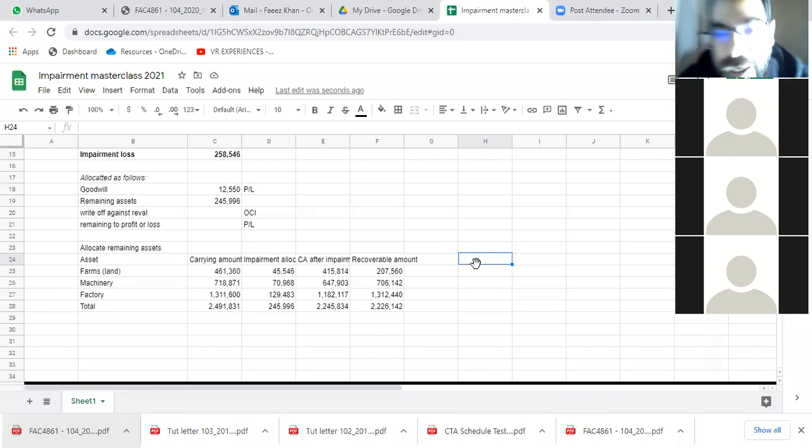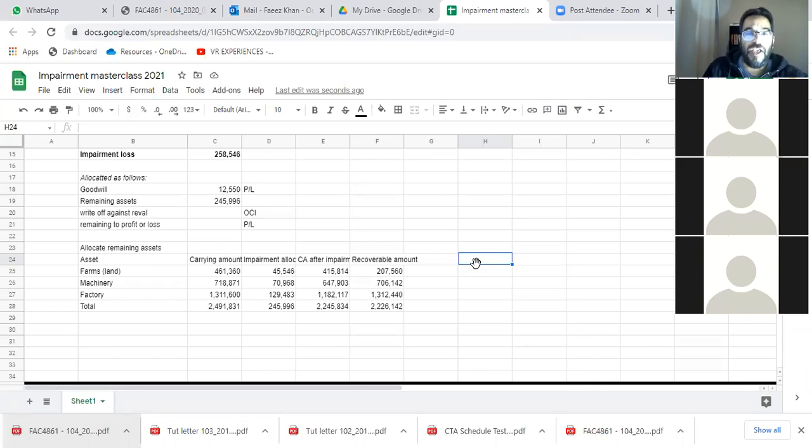Let's go through the process again so you can understand what I'm going to do now. The accounting standard says the following. When the carrying amount of a CGU exceeds its recoverable amount, you will have an impairment loss. In this case, our carrying amount of the CGU exceeded the recoverable amount, so we had an impairment loss of 258,546 Rand.